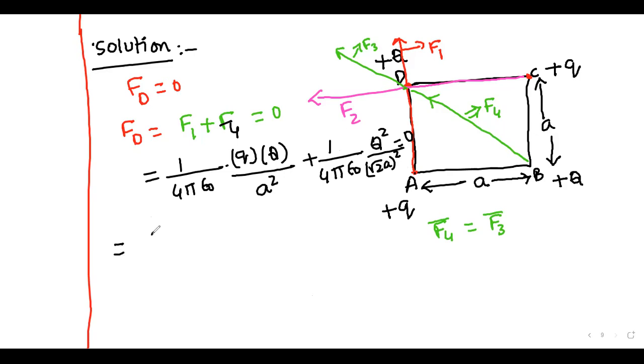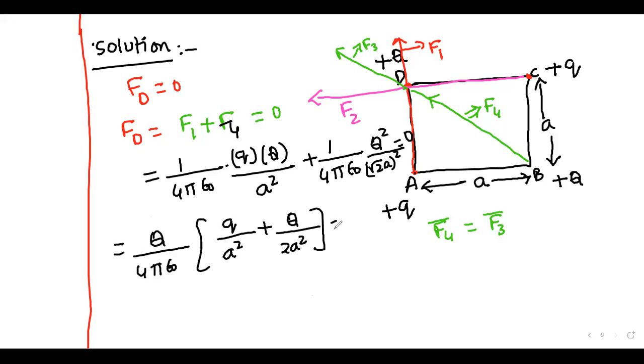If we take capital Q by 4 pi epsilon naught as common, you can write small q by A square plus capital Q by 2A square is equal to 0. So q by A square is equal to minus Q by 2A square. So A square will get cancelled.